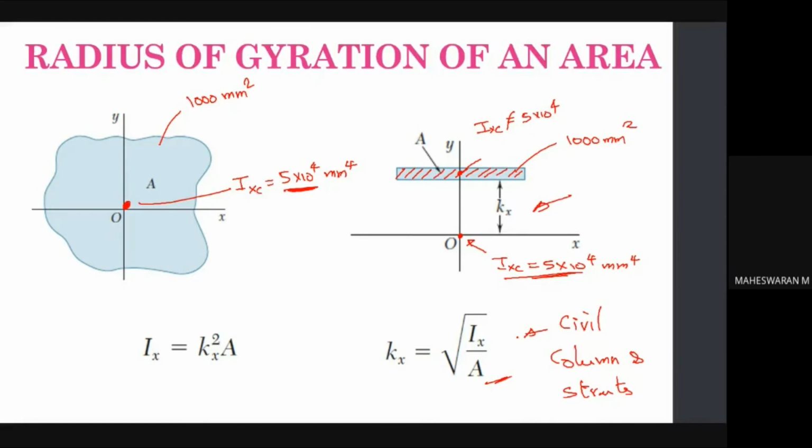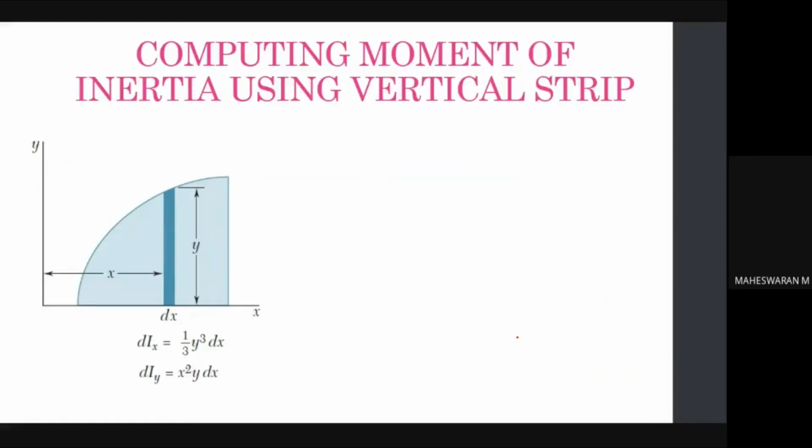Okay, now we will have a set of formulas, right? We derived a formula for centroids by integration, right? Similarly, you also have formulas to identify the moment of inertia for different shapes, by integration.